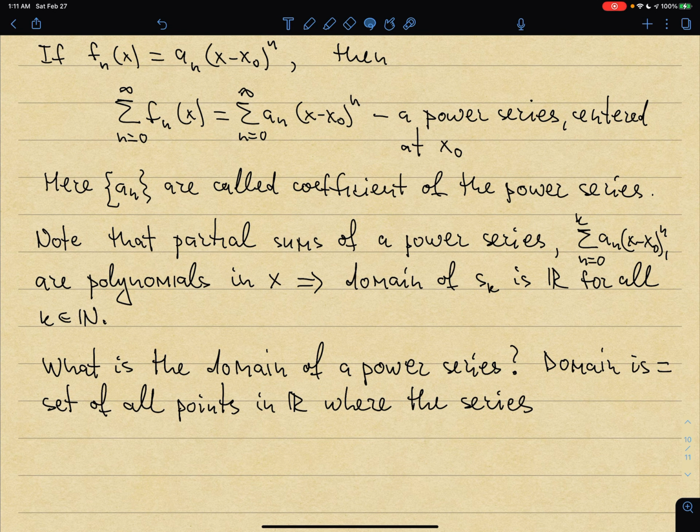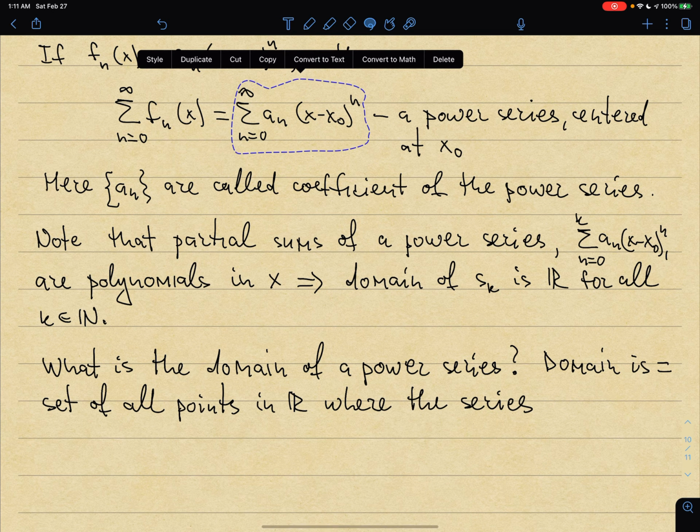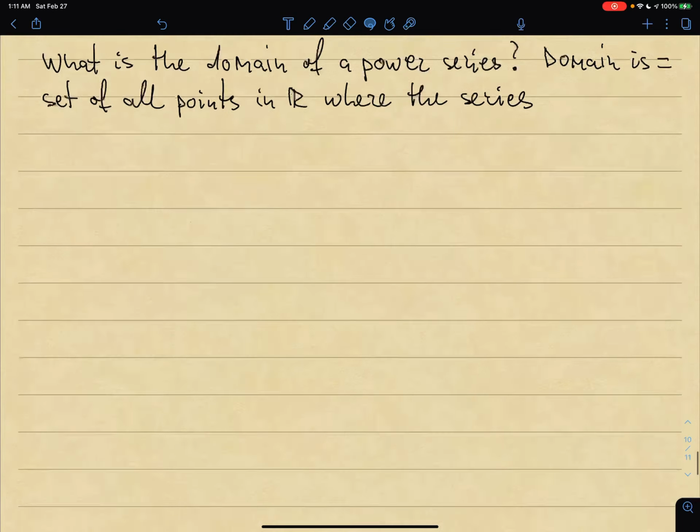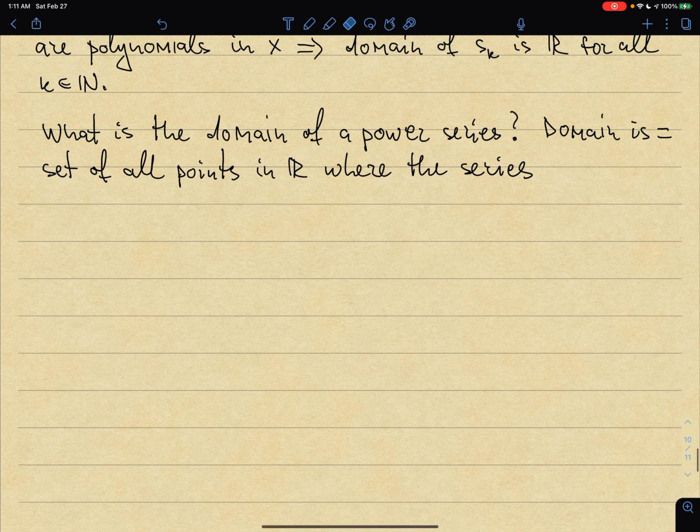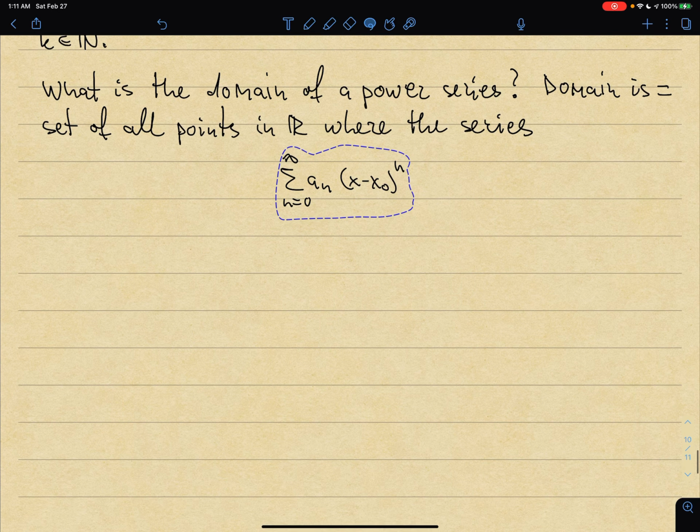Let me copy this. So where the series converges.